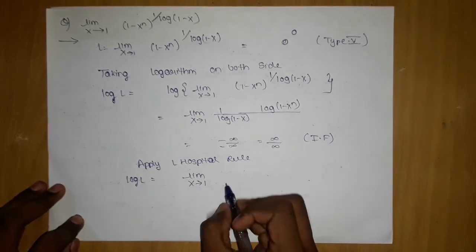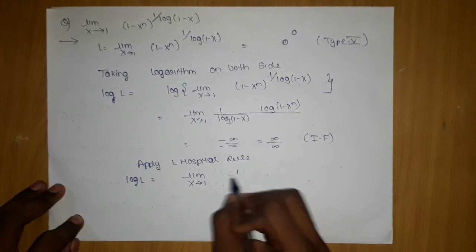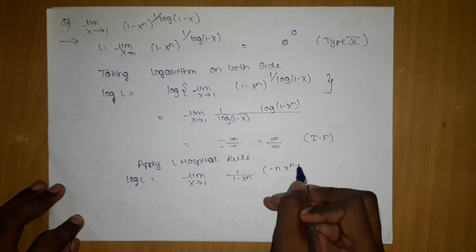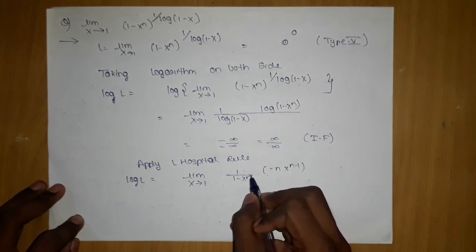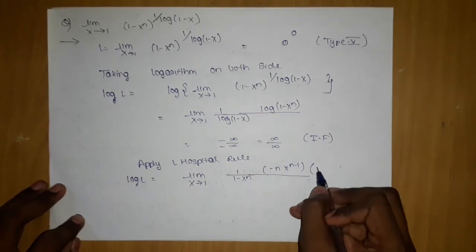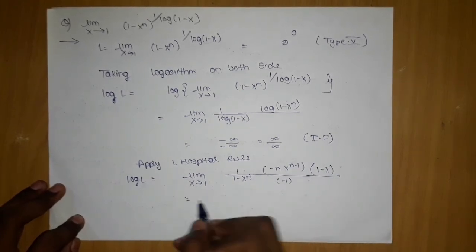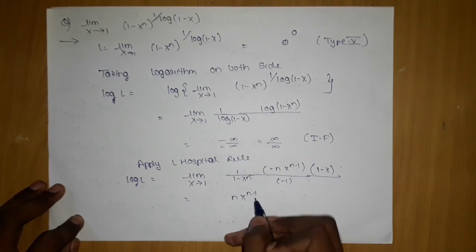If I apply L'Hopital's rule, what are we getting? Minus n x power n minus 1. Here we will get 1 minus x. This will be minus 1, which minus 1 will simplify.